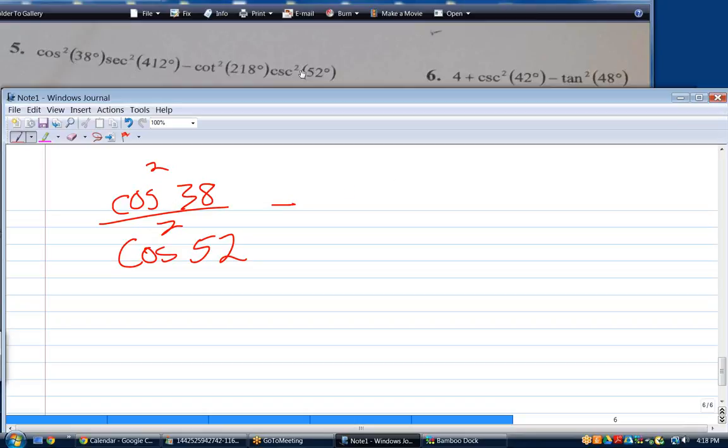The reciprocal of cosecant is sine, so I can write that as sine squared of 52. What to do with cotangent squared?